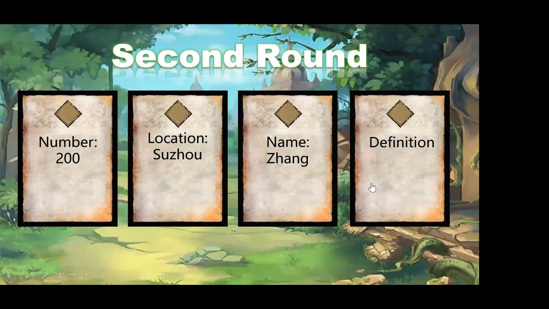If you like, you can also ask different groups to work on different items. Group 1, you need to work on the number. Group 2, you need to focus on the location. And group 3, you need to find a definition. After they finish, you can encourage them to share their ideas. So we can help them practice their listening or reading skills, but at the same time, when they are exchanging their ideas, they are improving their speaking skills as well.